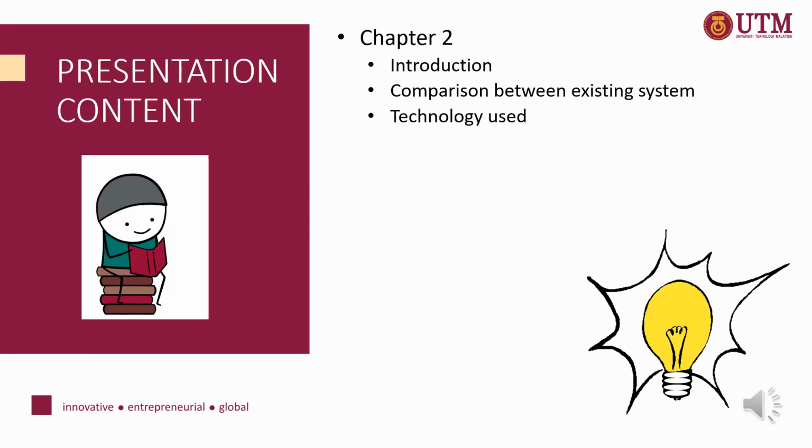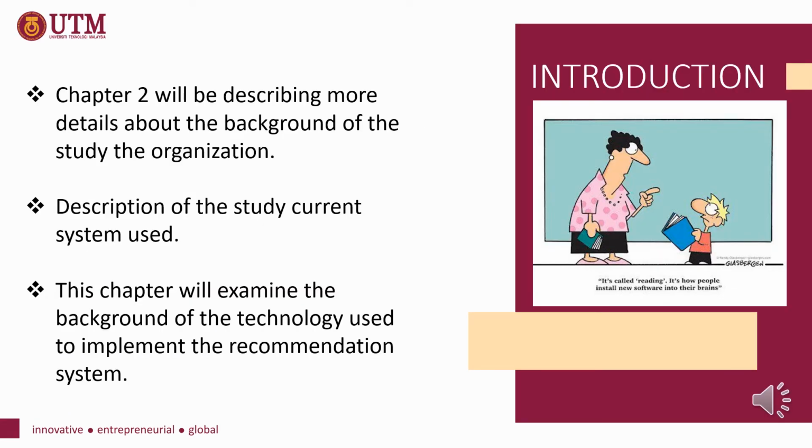For Chapter 2, I will explain the introduction, the comparison between the existing system, and the technology used. This chapter is a study carried out in more depth on every matter related to the development of the project. Besides that, Chapter 2 will describe in more detail the background of the organization studied. In addition, there is a description of the current system used.